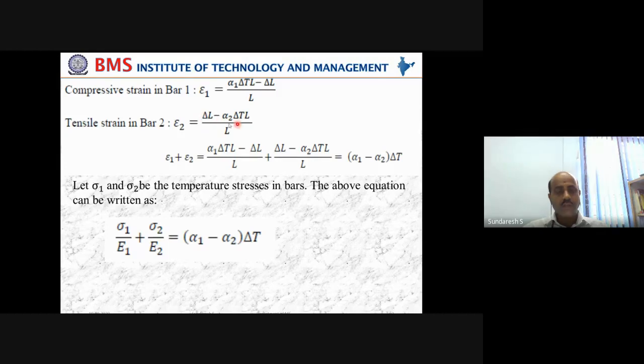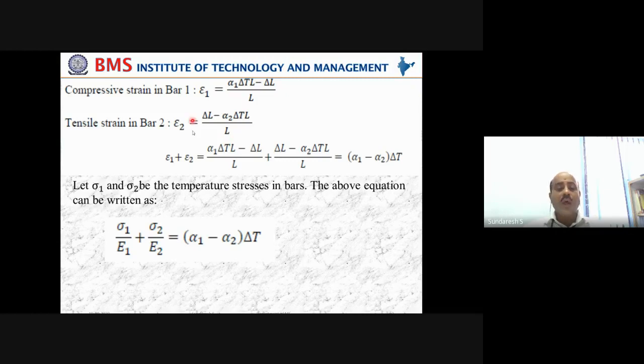So the amount of elongation, look here, delta L minus alpha 2 into delta T into L, this numerator term represents the amount of elongation, nothing but the deformation in material 2, divided by L, which gives the tensile strain in the material.